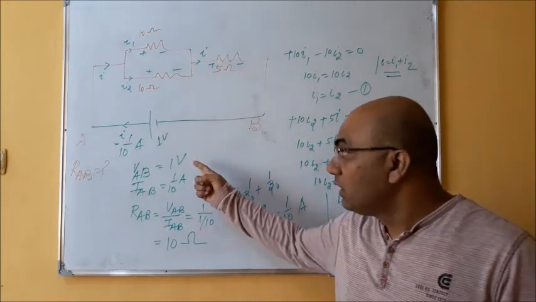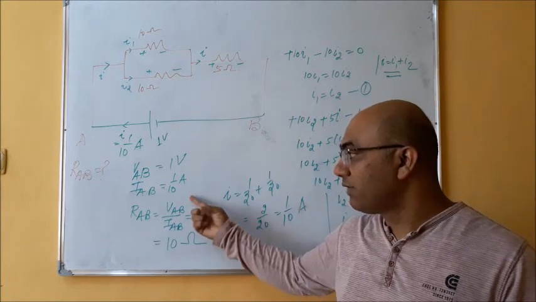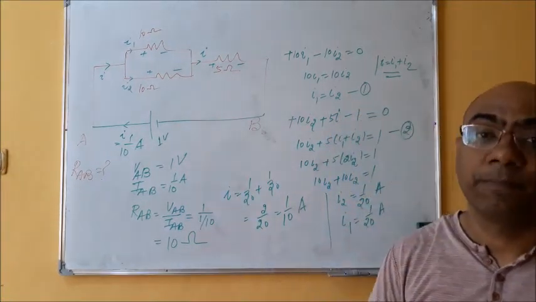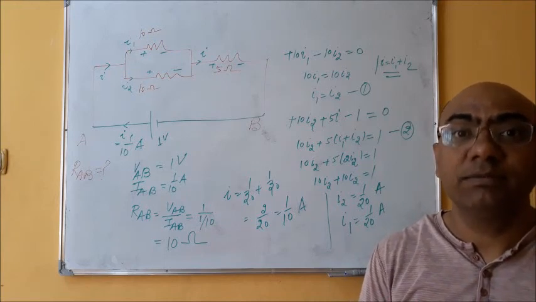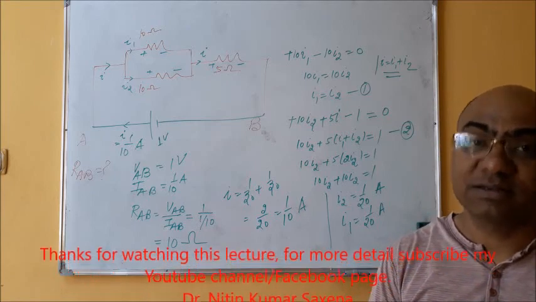If you know the current value, since you know the voltage value, divide and you will get the final value of equivalent resistance. This is the most general method. This can be used for any problem in which we have to find the value of equivalent resistance.